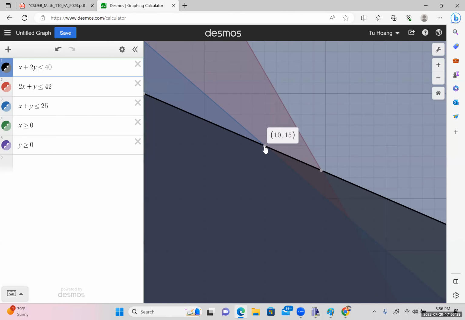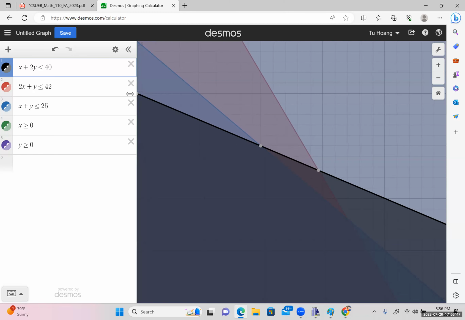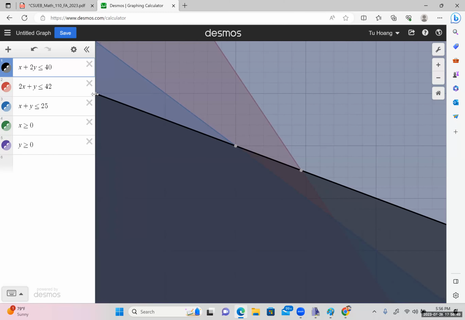So let's check that. We have this corner here at 10, 15. This corner over here, what is that? Is this going to be, oh no, we don't need this one.